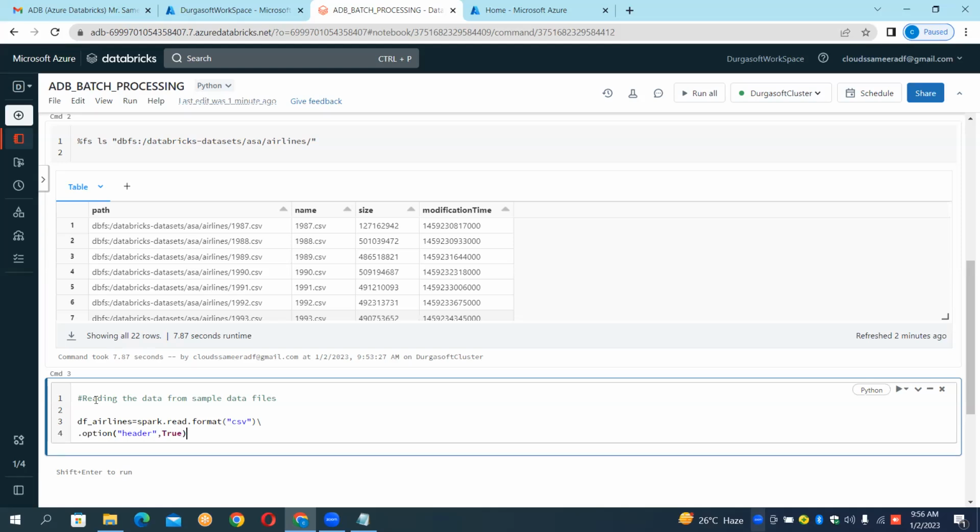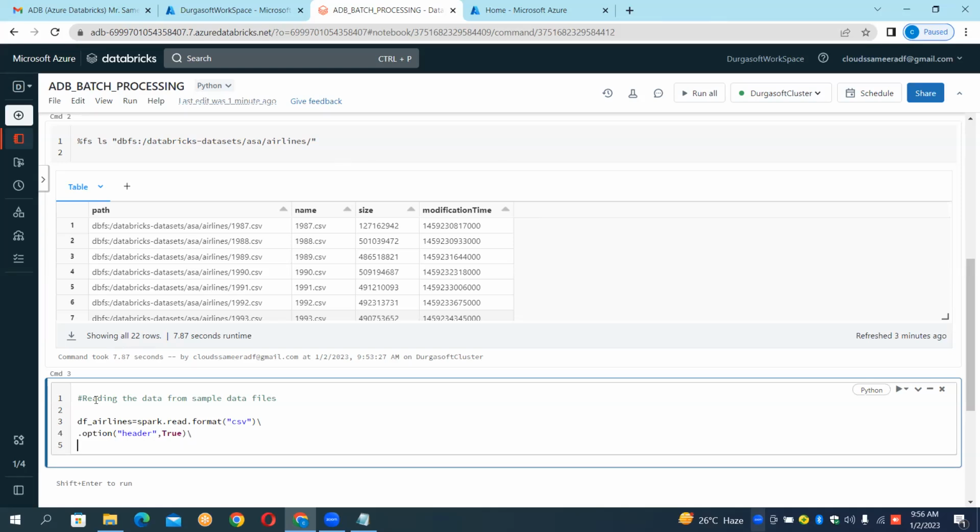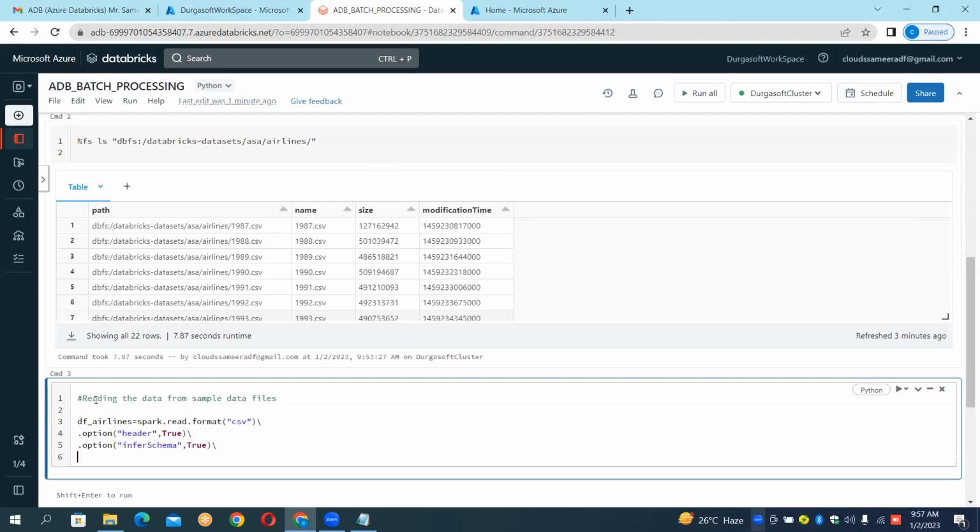And then we have infer schema, comma, true. Am I right, everyone? Yes. Then .load. Use options again.